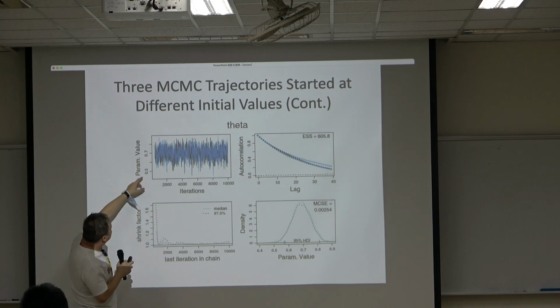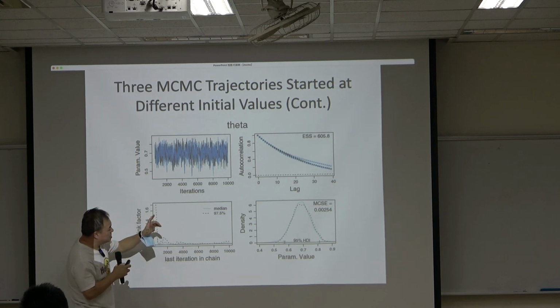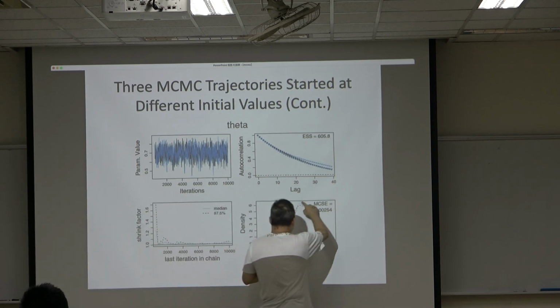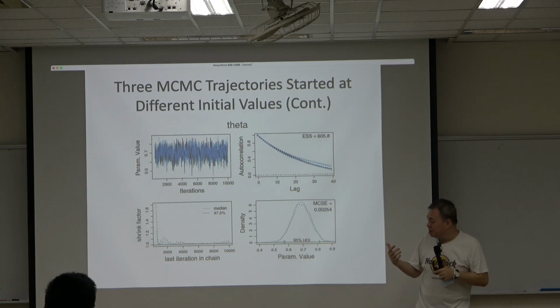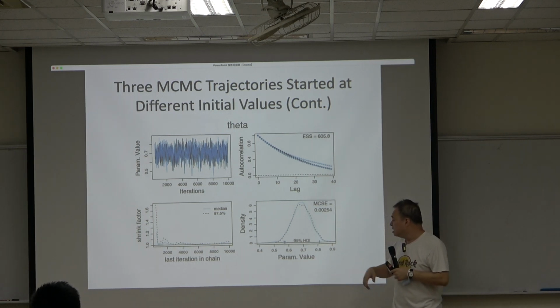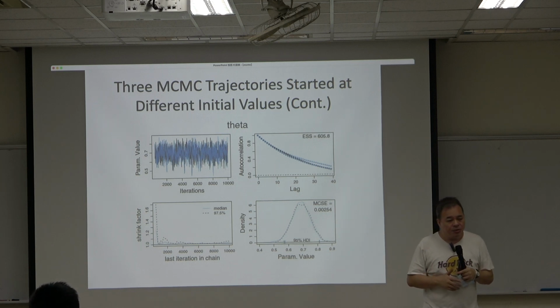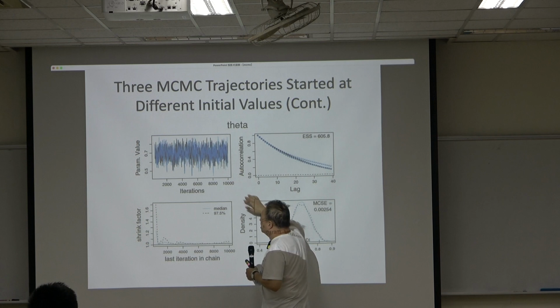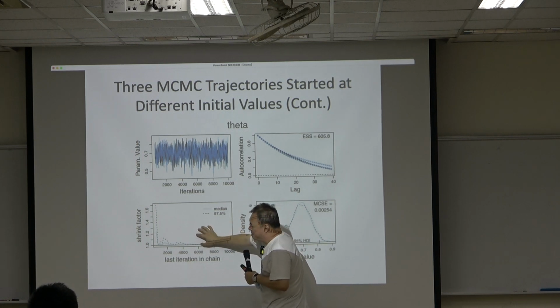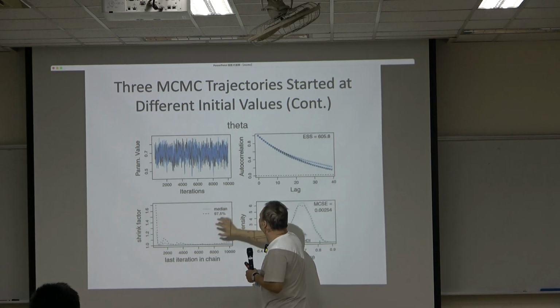The one with more frequent visits will have a higher value, something like this. So you create a kernel function like this. So we have these two, but we didn't have the lower left, this shrink factor, and we didn't have this autocorrelation.